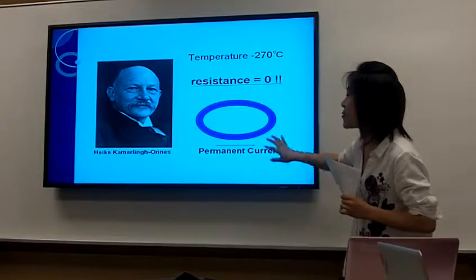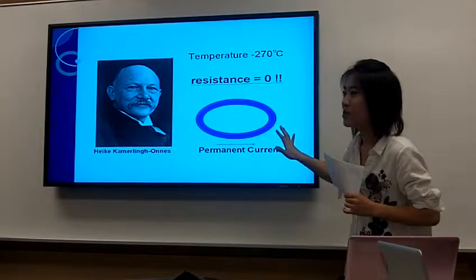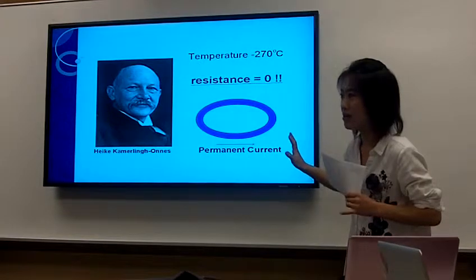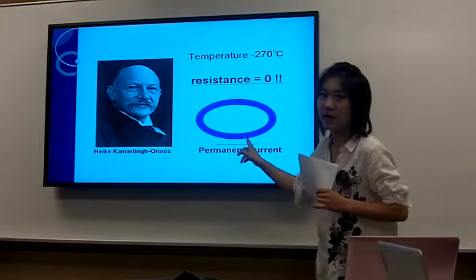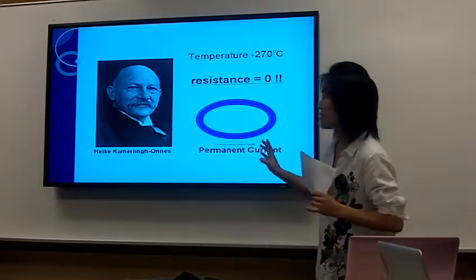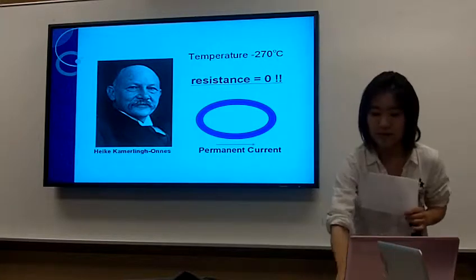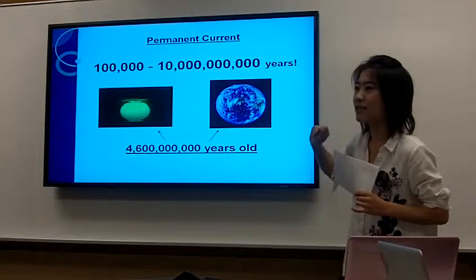It means that we can get permanent current. The energy loss is zero, so we don't lose energy at all. So that means if we put a current in a circular cable, it will go and go forever. And how long is permanent current? It can be 100 billion to 10 billion years.